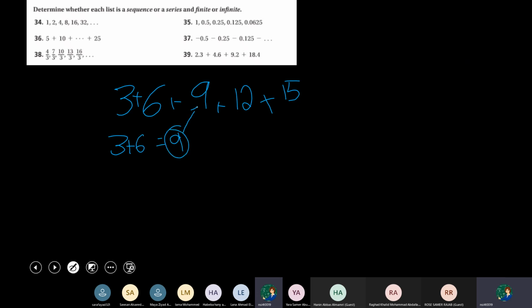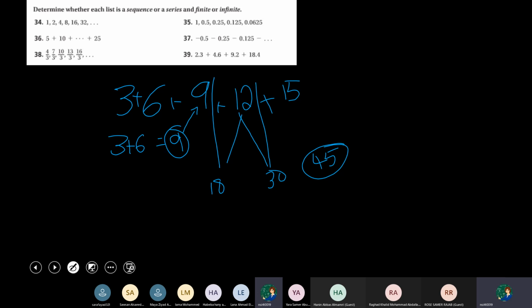Then 9 plus 9 is 18. 18 plus 12 is 30. And 30 plus 15 is 45. So the summation of them is 45. If I have 4 terms or 5 terms, it's easy for me to find the summation of them.